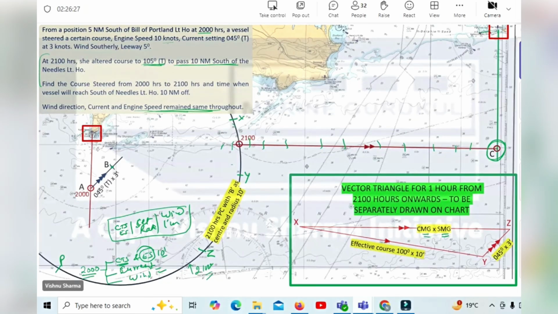think and tell me, if I join B to D, which course would that be? B to D will be which course? Will that be CTS or will that be effective course? Let me give you two options to ignite some thought.